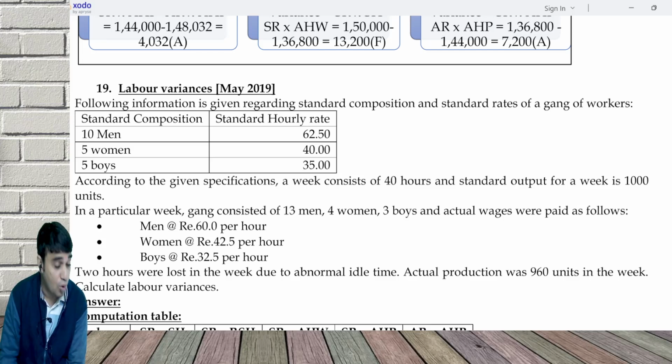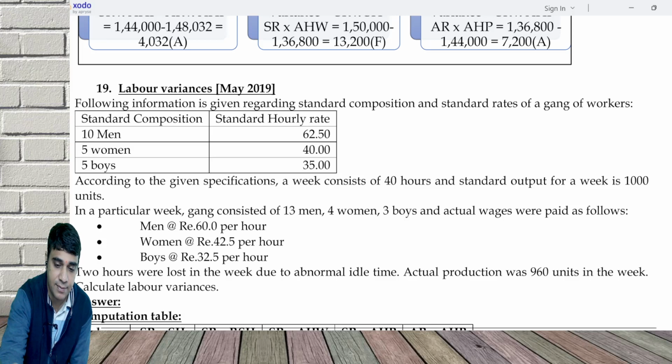Nineteen is also homework, but again I want the standard equation. In fact, technically we can remove this question also. It's exactly similar to the earlier question.